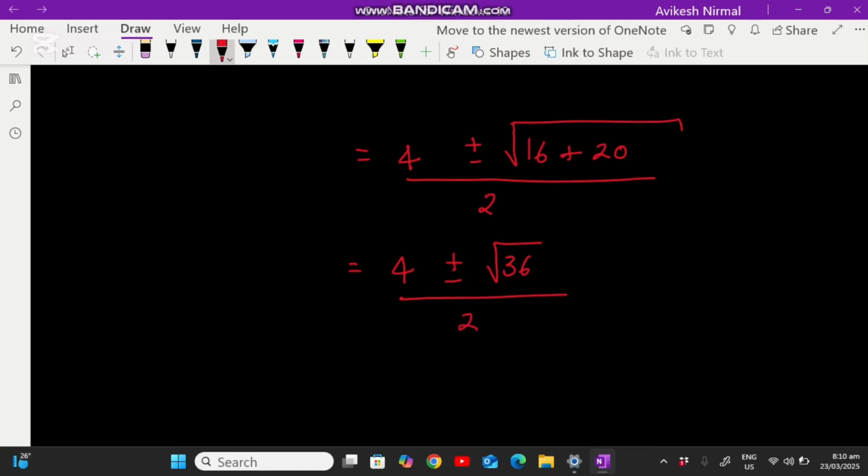is divided by 2. So from here I can split this into x1 and x2.